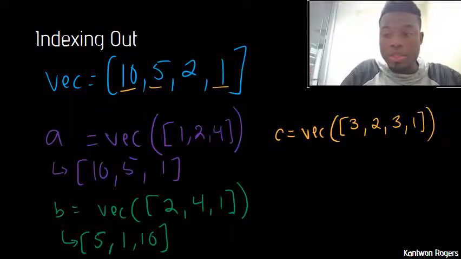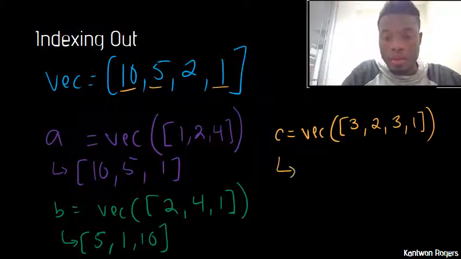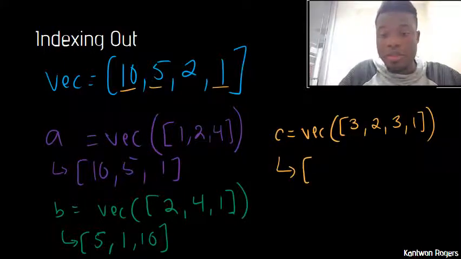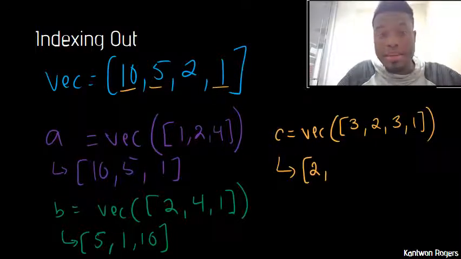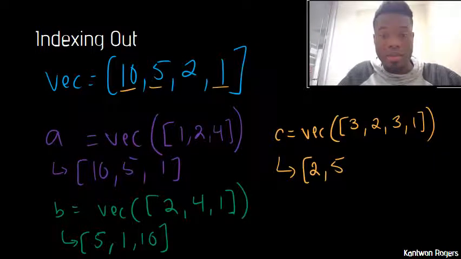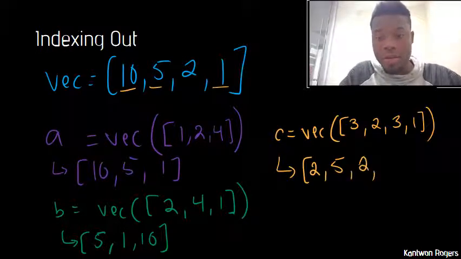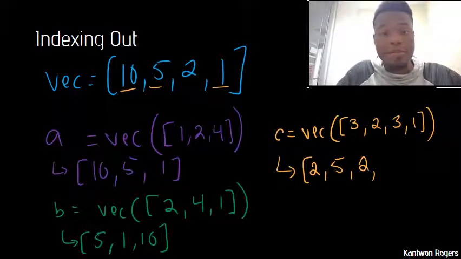Okay, so in this case here, the first value inside of c will be the third value inside of vec, so that's 2. Then we're indexing the second value of vec, which is 5. Then we're indexing the third value again, which is perfectly fine, so therefore I get 2. And then lastly, we're indexing the first value, which is 10.